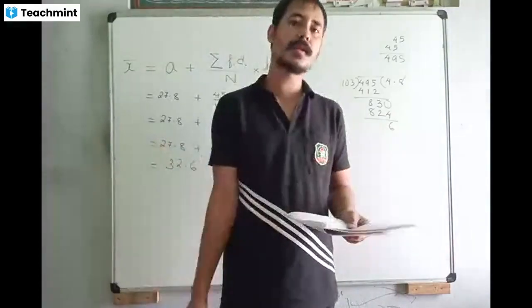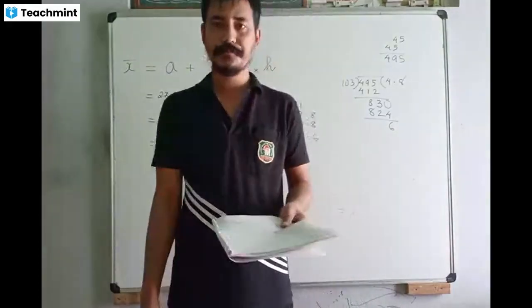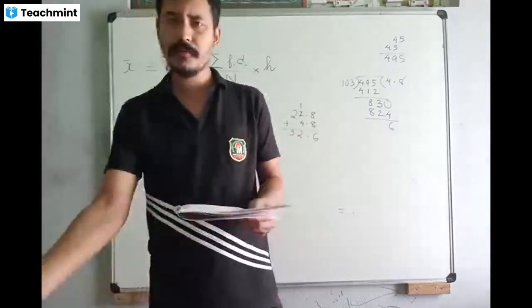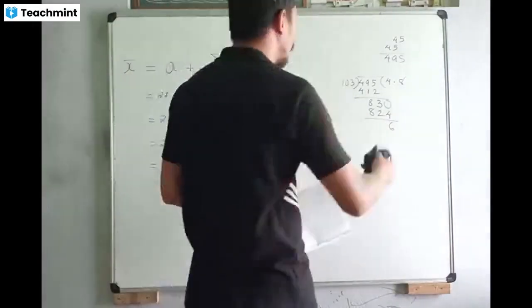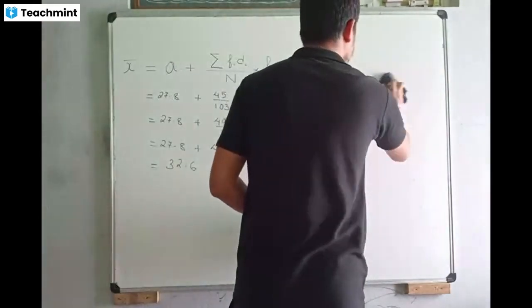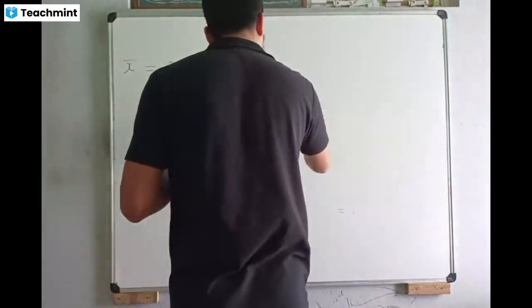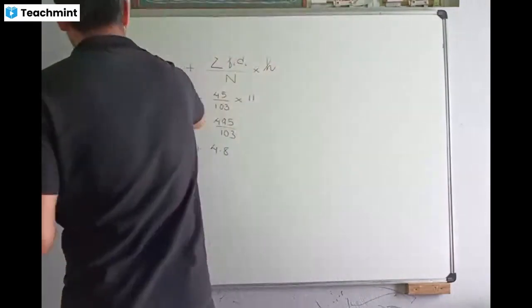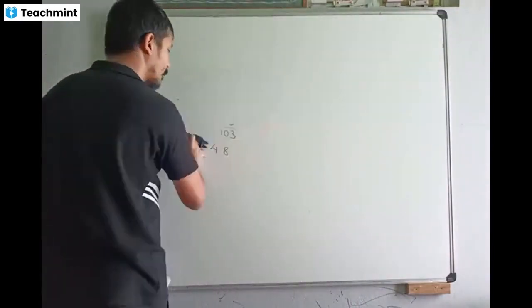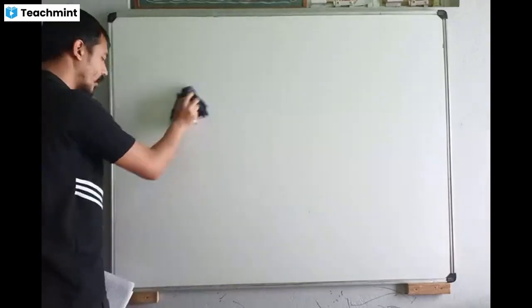The second one is to find the median. We have not discussed what the median is. We shall do that in the next video. But in this video, let me help you determine the missing frequency. Question number 10 will be the last question for arithmetic mean.